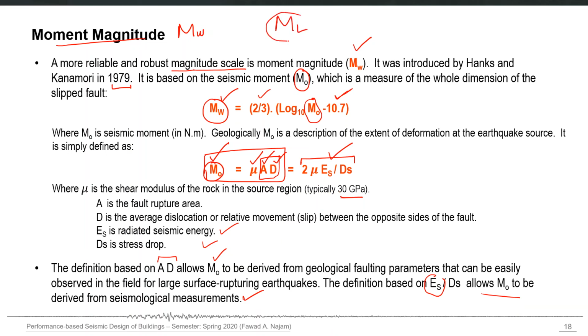That's why the magnitudes which are based on instrumental records, for example ML, MS or MB, will be readily available after an earthquake on most of the major seismic databases or global organizations which are recording the actual ground motions.